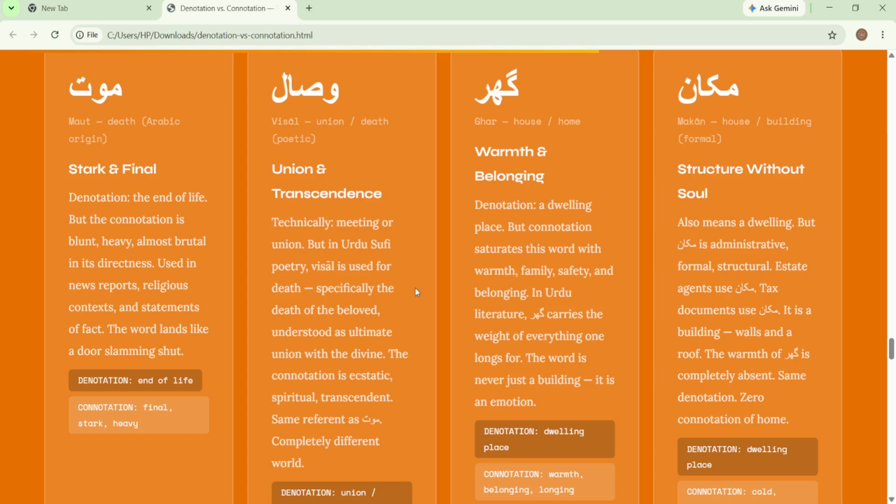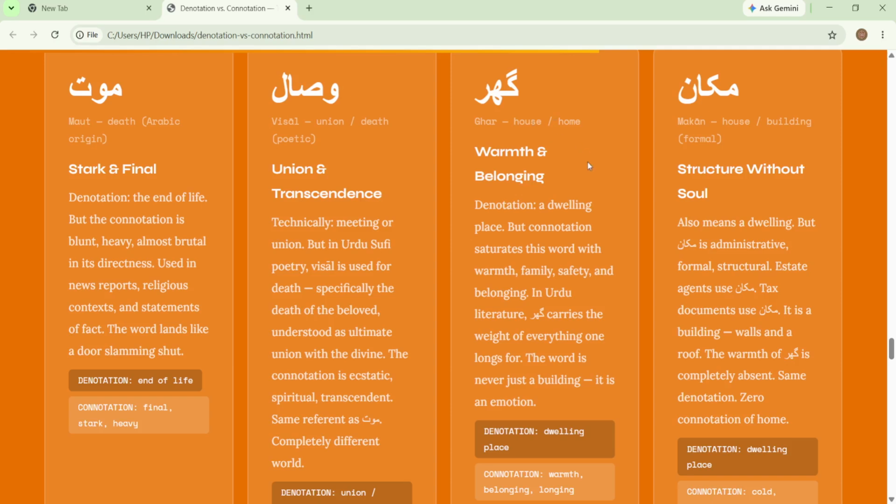The connotation is ecstatic, spiritual, transcendent, same referent as Maut. So they're both referring to the same thing, but how they're presented changes the whole situation. Then the other one is Ghar and Makan.